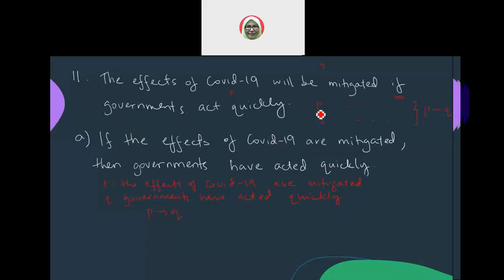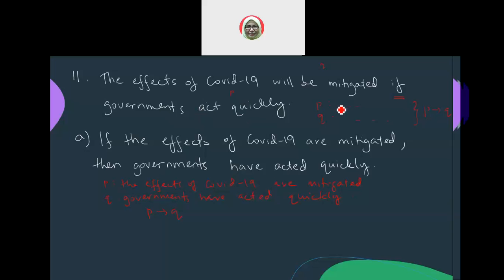For the given statement, okay, let me re-explain this question. The effects of COVID-19 will be mitigated if governments act quickly. So, as I said before, before "if" is the conclusion, and after "if" is the hypothesis.